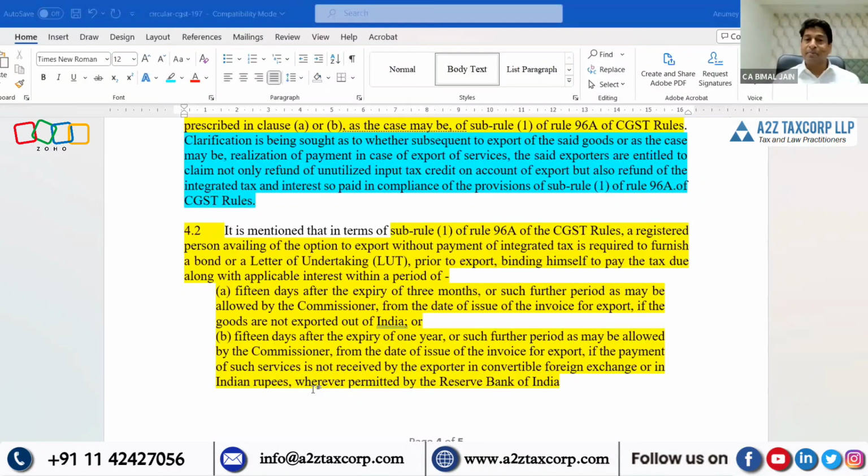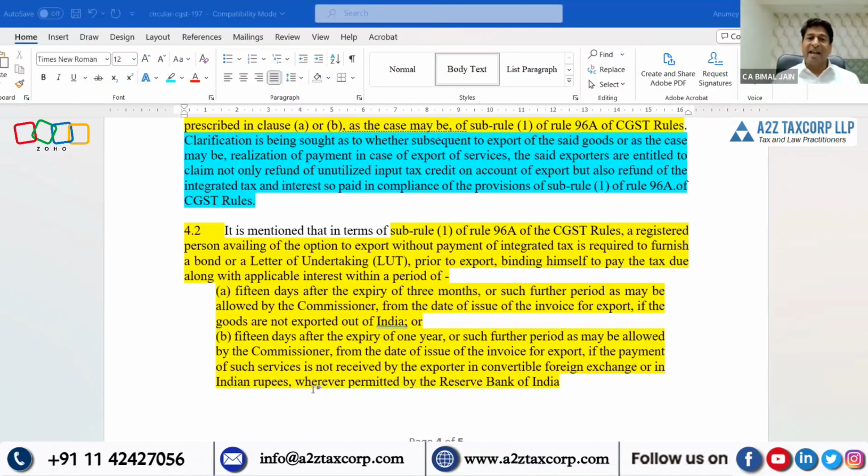So if you have not exported within 3 months, then you must pay the liability IGST within 15 days. And this 3 months period can further be extended if allowed by the commissioner from the date of issue of invoice for export.